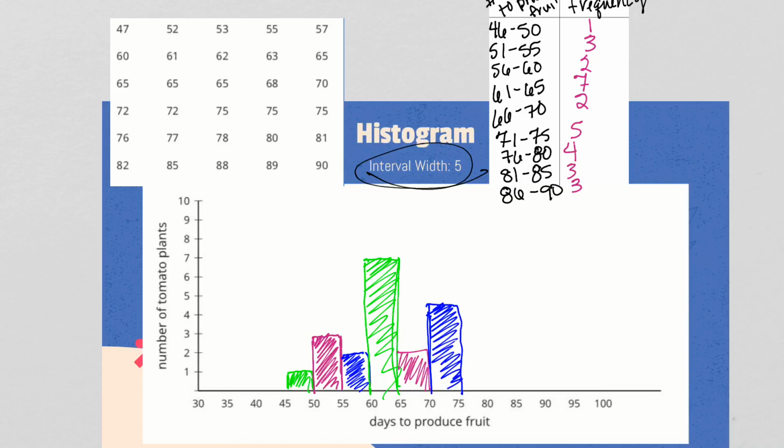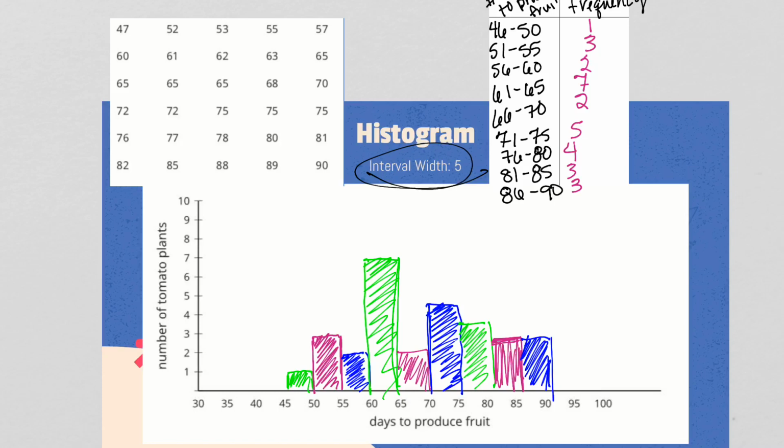All right, from 76 to 80, we have 4. From 81 to 85, we have 3. Okay, and from 86 to 90, we have 3.